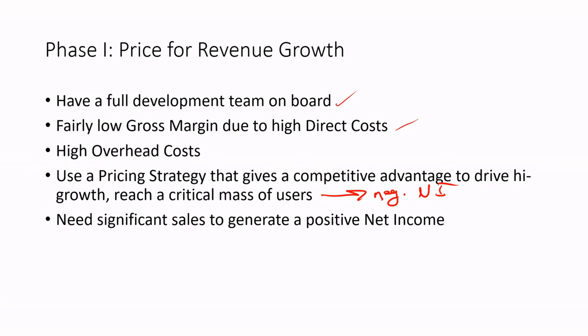And so it's imperative in this part of the business life that we generate the significant sales that are needed in order to switch that income stream to a positive net income stream.